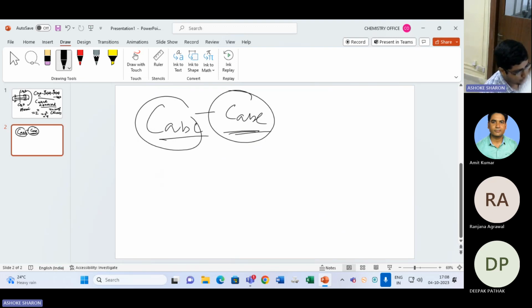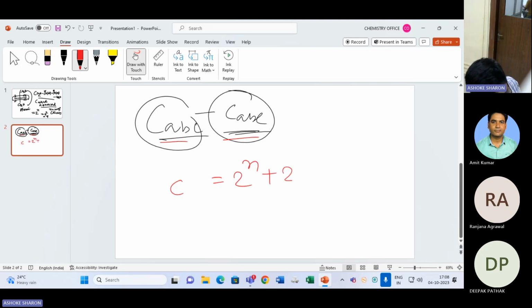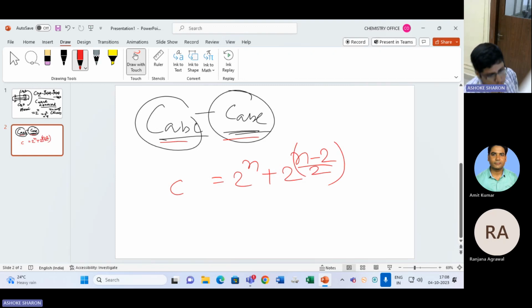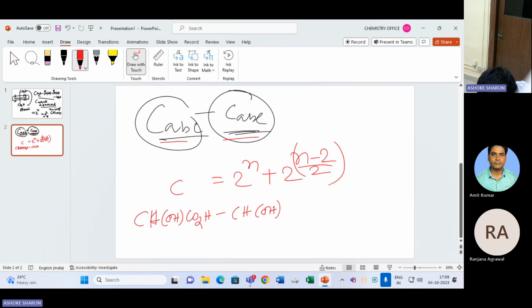So your new formula, for CABC kind of connectivity, will be 2 to the power n plus 2 to the power n minus 2 by 2. Okay, so the molecule has CHOH, CO2H, and CHOH, CO2H.